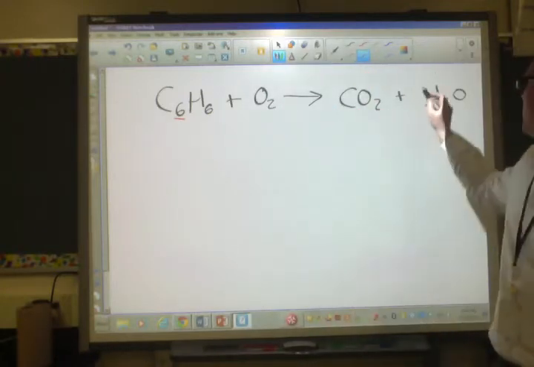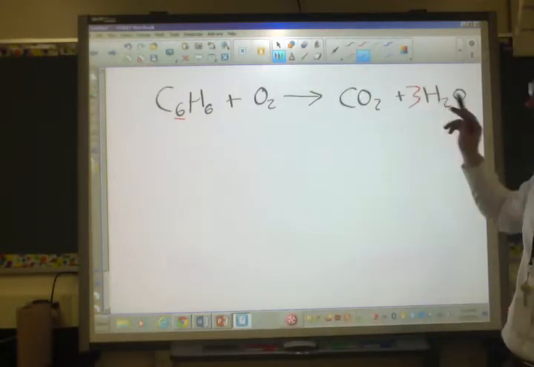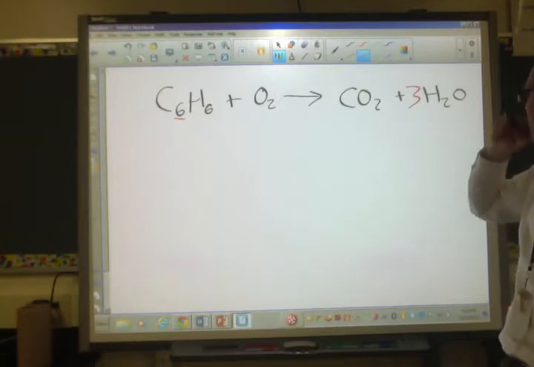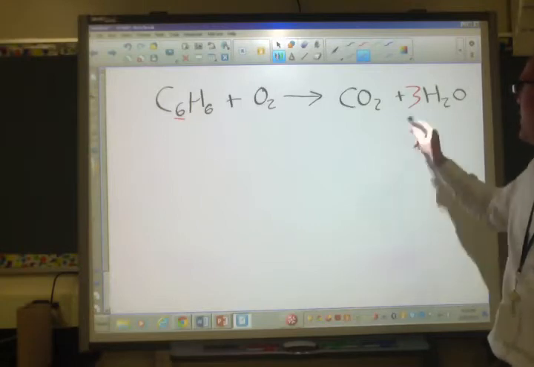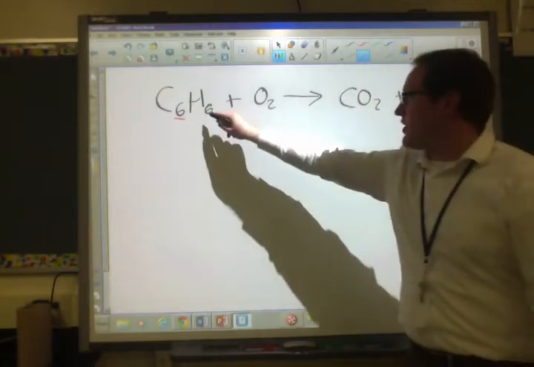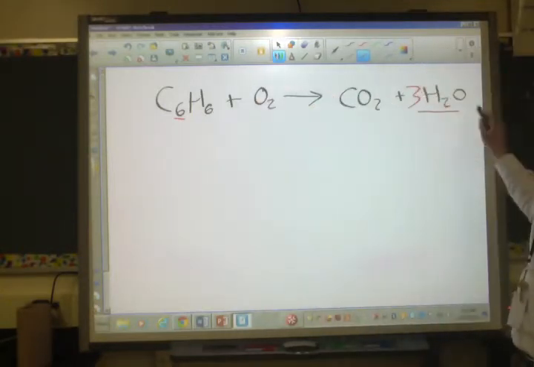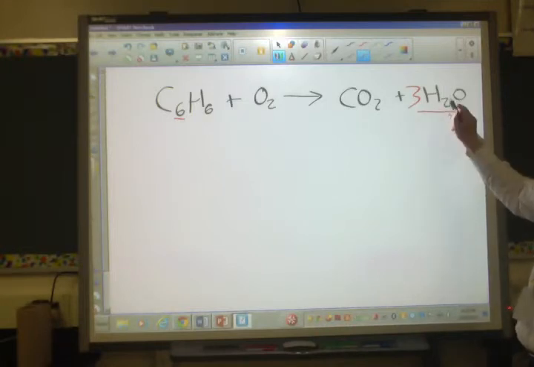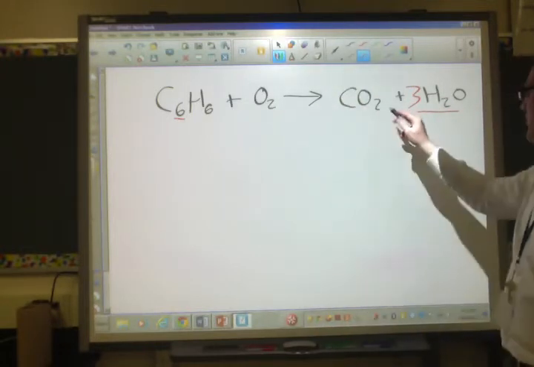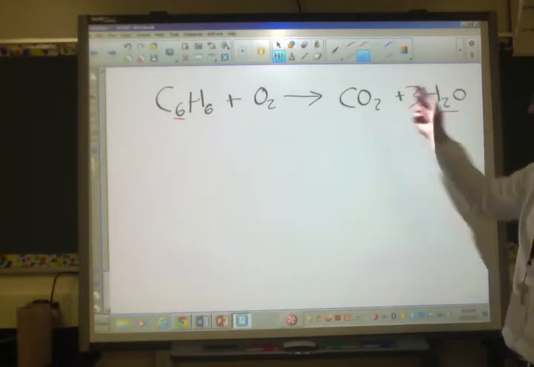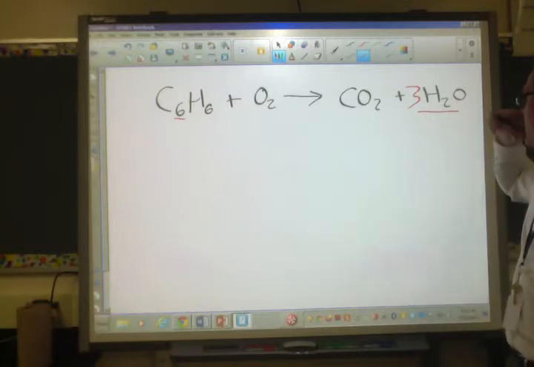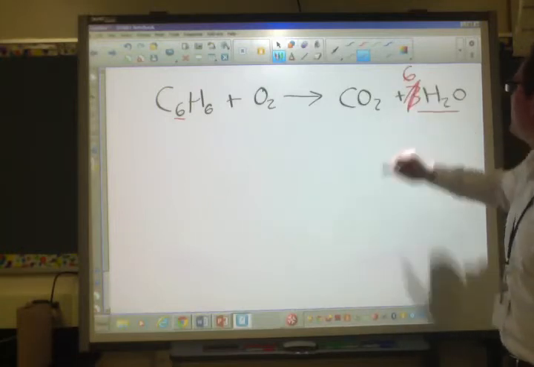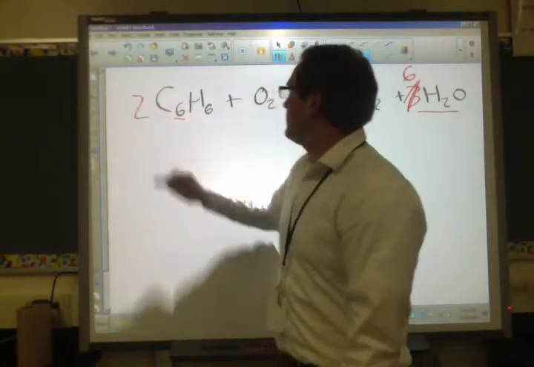So I'm going to put a 3 here to balance my hydrogens. I tend to balance hydrogens first. Yeah, I was wrong. I'm going to need another number. So by balancing my hydrogens, I have an even number here, even number there, but if I look at my oxygens, I'm going to have 3 plus an even number here. So that's not going to work. I'm going to need to double this. So let me put a 6 here and a 2 here.